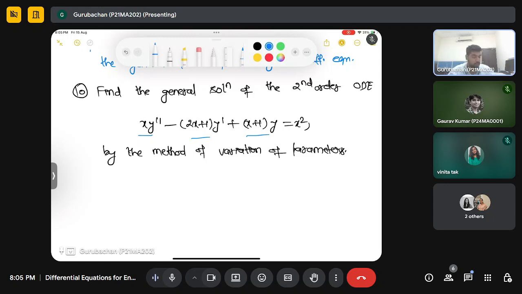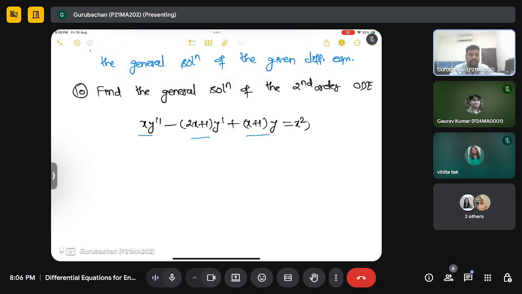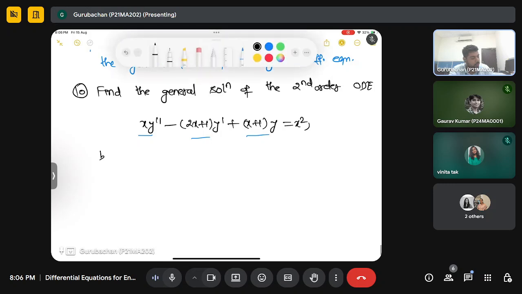Okay, so here is one more change I would suggest. Since it's a variable coefficient equation, we should know at least one solution.